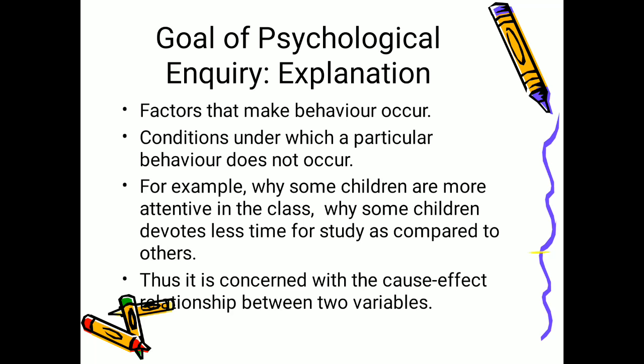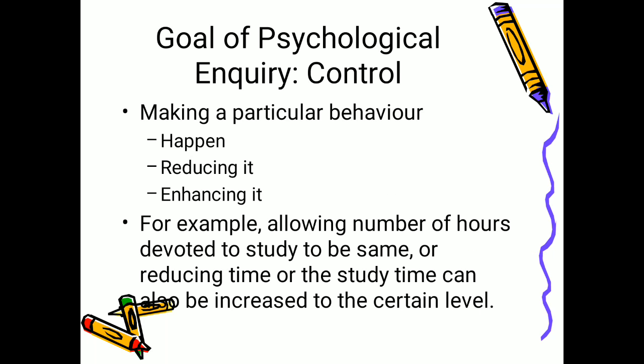Okay, now after explanation is the control. Sometimes we need to control things. For example, in an examination room, if there is no invigilator, no teacher, the students will ask each and every one about the answers or the questions that they don't know how to answer. It's very natural. But if there is a teacher, it means the teacher is controlling that room where an examination is going on.